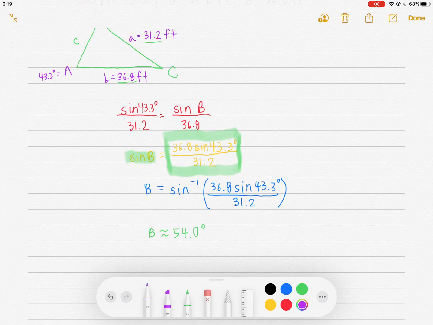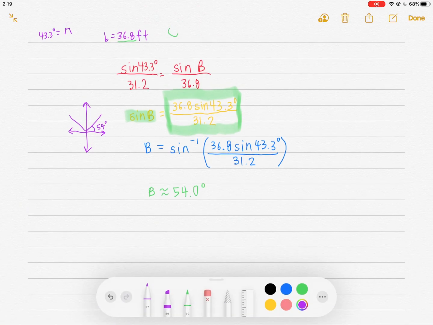That happens in Q1 and Q2. And my question to you is, if this is my B, 54 degrees in Q1, can this angle in Q2 with a theta slash of 54 degrees also potentially be an angle in a triangle?